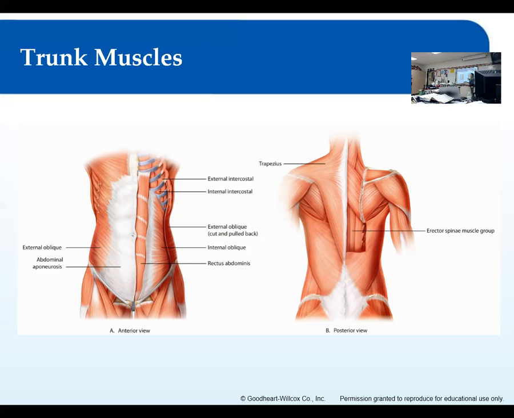It starts at the lower portion of the back and goes upward. Latissimus dorsi. Dorsi, like dorsal. A lot of people get trapezius and latissimus dorsi mixed up, so make sure you study those together so you know which one is which, okay?